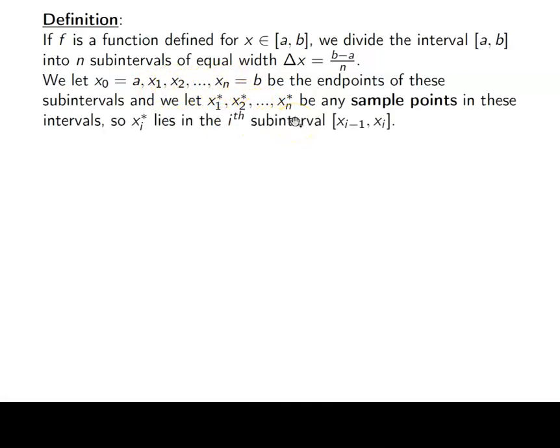Again, to put this into a more rigorous notation, x sub i star is in the ith subinterval, right? So x1 star is in the first interval, anywhere between x0 and x1, etc. So x sub i star is between the x values x sub i minus 1 and x sub i.